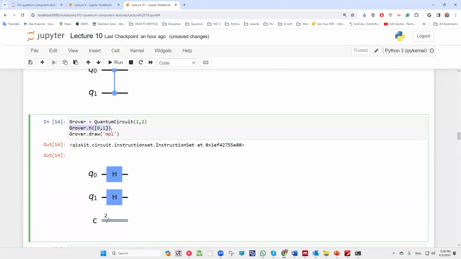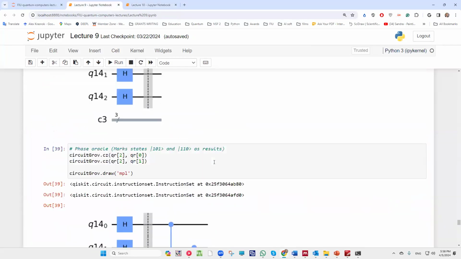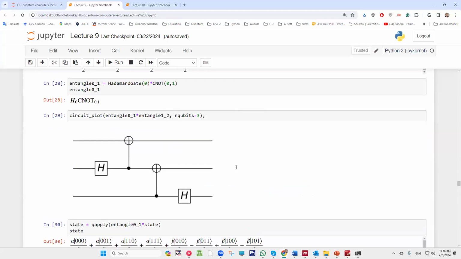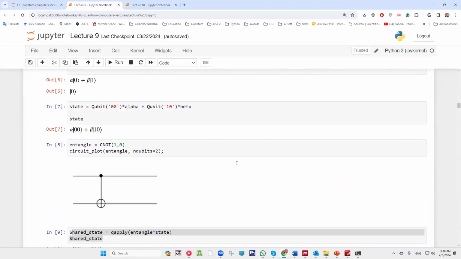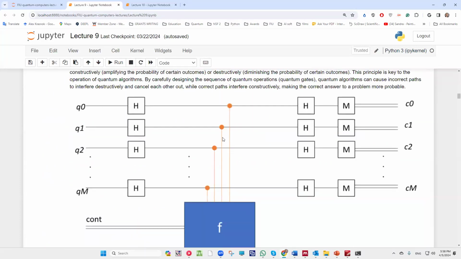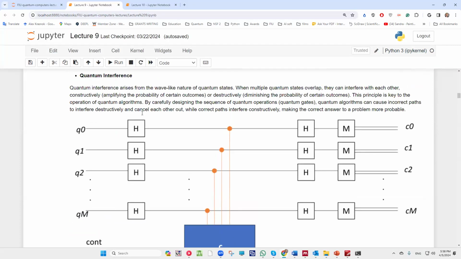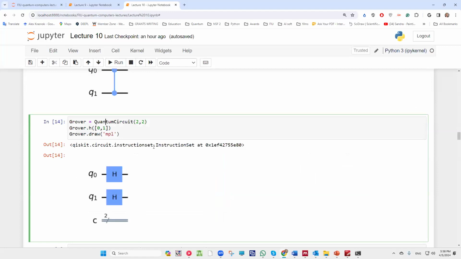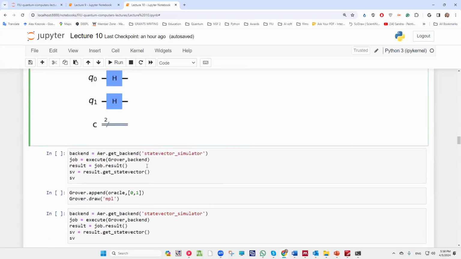We put the Hadamards on every qubit, so we create the superposition, right? This is the layer from our generic quantum algorithm, this first layer here.